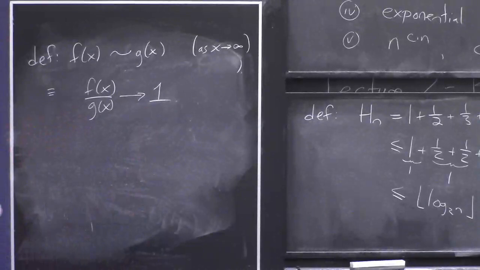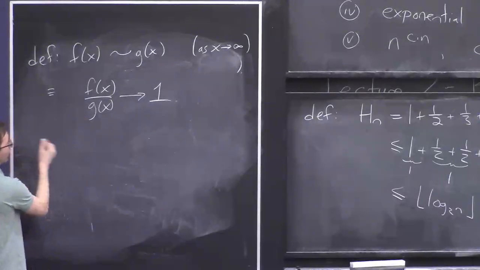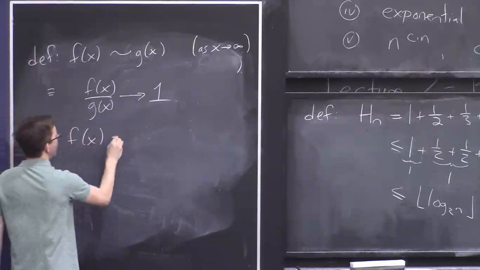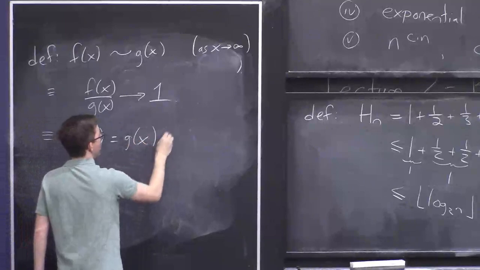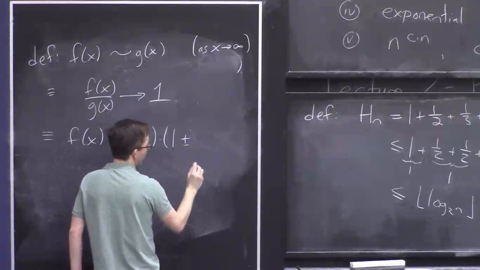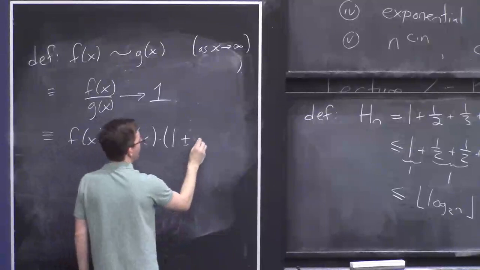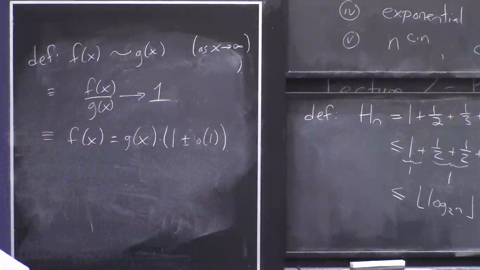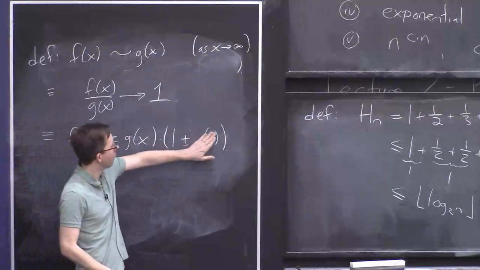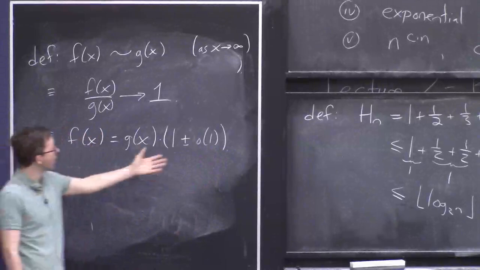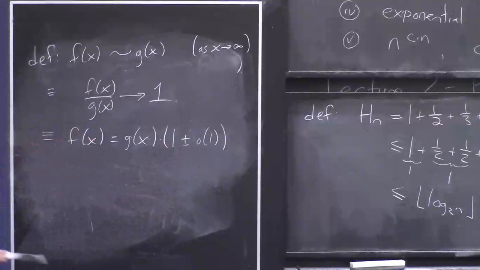Which indeed expresses that they're the same, even up to a constant factor, just lower terms are wrong. So equivalently, f of x equals g of x times 1 plus, I like to write this, it's my own quirk, plus or minus little o of 1, because I don't want to insist that little o of 1 be positive or negative. Anyway, if you put this in, it doesn't look wrong. It can only help.